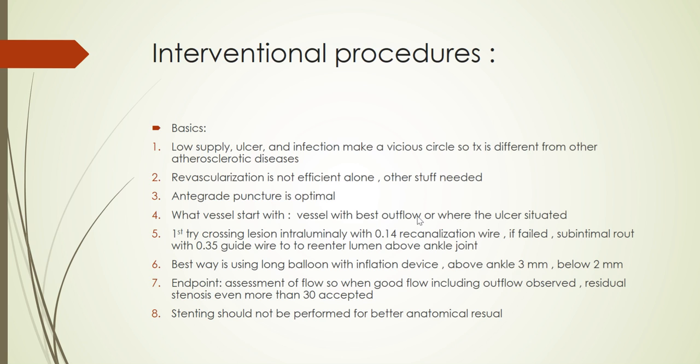First we try crossing the lesion intraluminally with a 0.14 recanalization wire. If this fails, a subintimal route with a 0.35 guide wire to re-enter the lumen above the ankle joint is performed. The best way is using a long balloon with an inflation device, whose diameter should be around 3 millimeters for above the ankle, and 2 millimeters for below the ankle arterial dilatation.